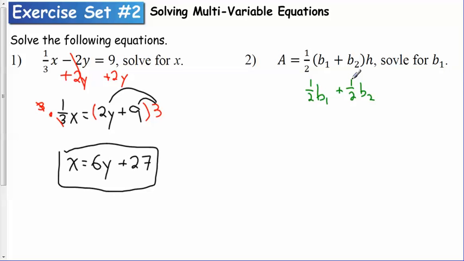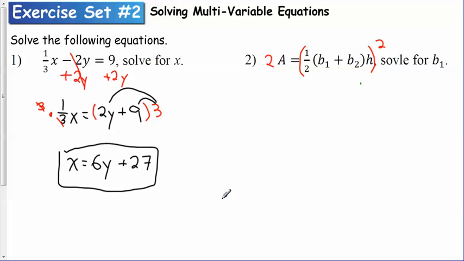Your whole point of math is to make it look easier. So instead of distributing that 1/2, I'm going to get rid of that 1/2. So I'm going to multiply the right side of the equation by the reciprocal, which is 2/1, which is just 2. And if I do that to the right side, I'm going to do it to the left side.